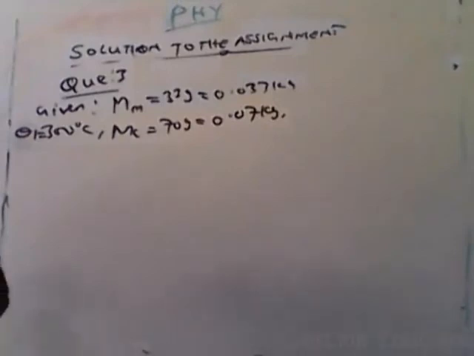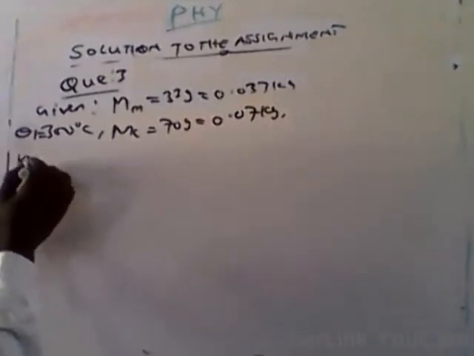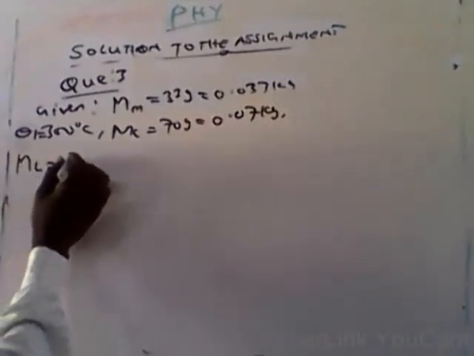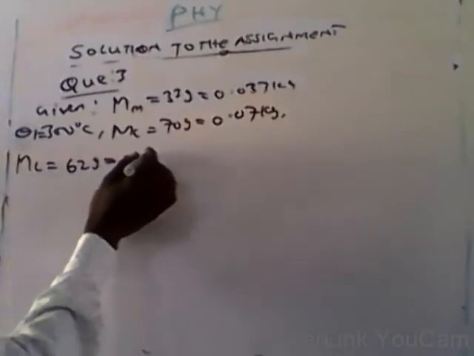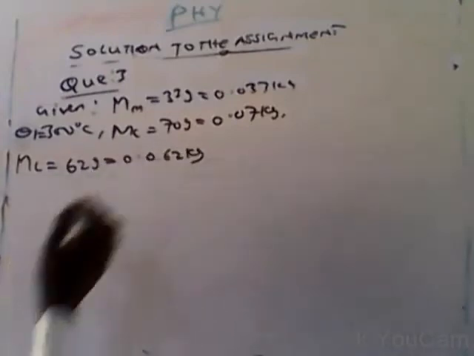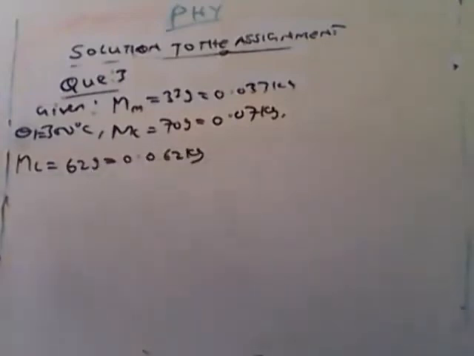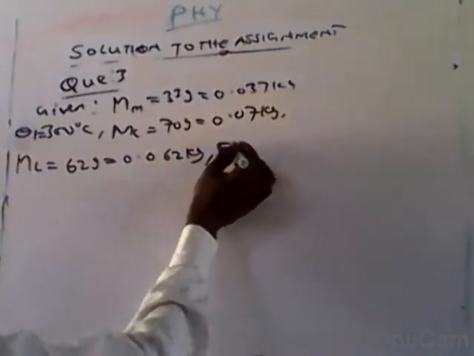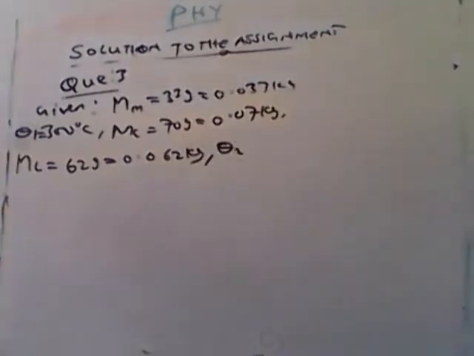We are given the mass of the liquid, 62 grams, that is 0.062 kg.